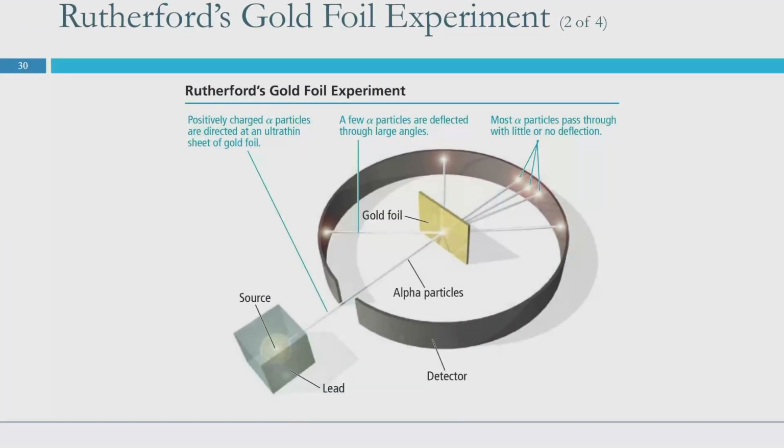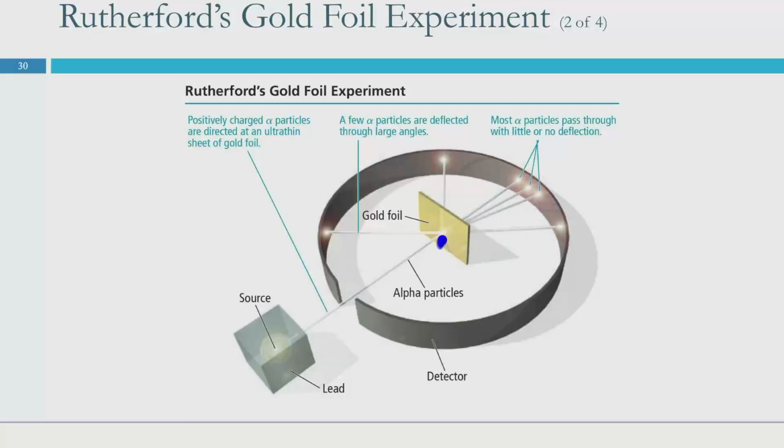So this is basically the setup for Rutherford's gold experiment. So he took a source, some lead to stop the radioactivity from going everywhere. He directed this beam at the really, really thin gold foil, and we expected that all of the particles would just go straight through and not get deflected.